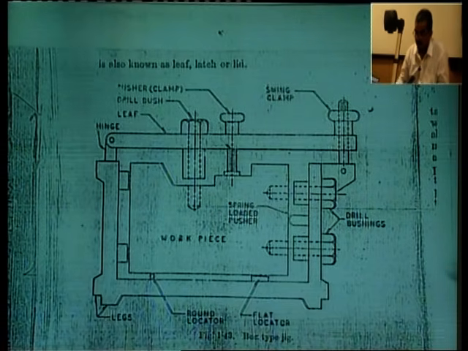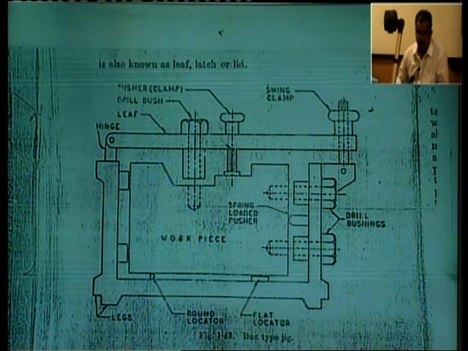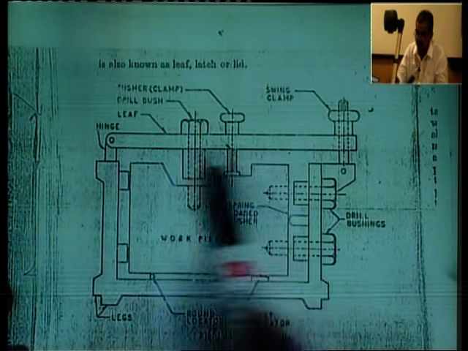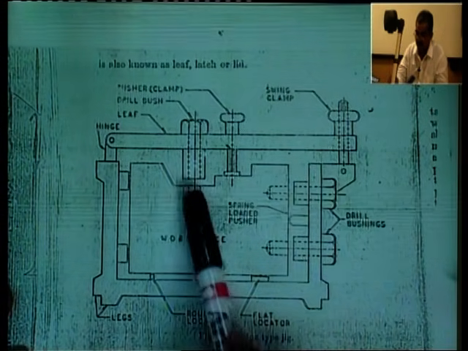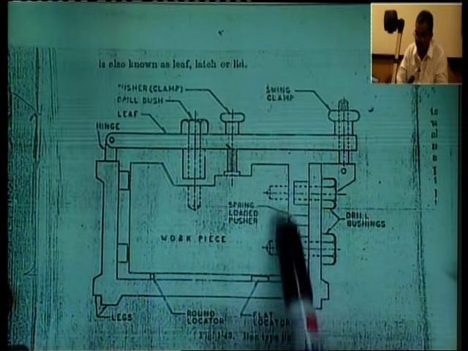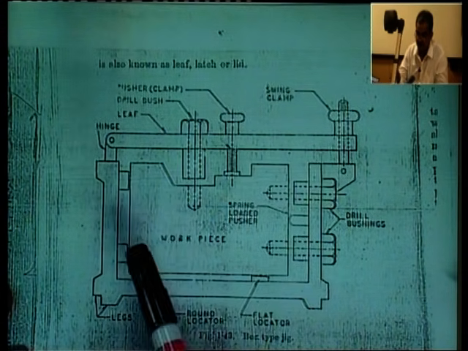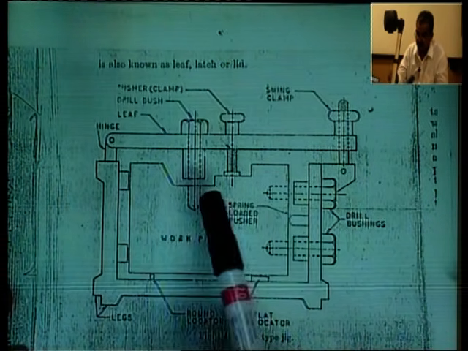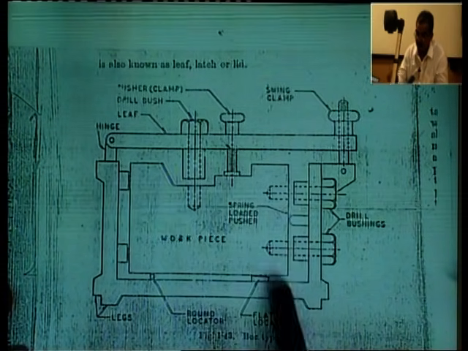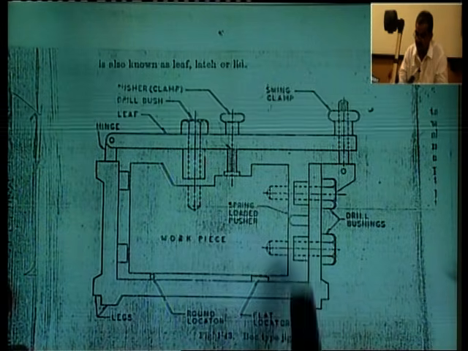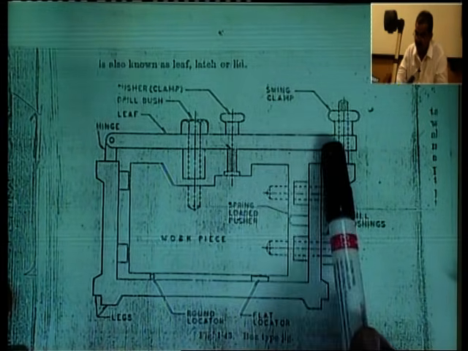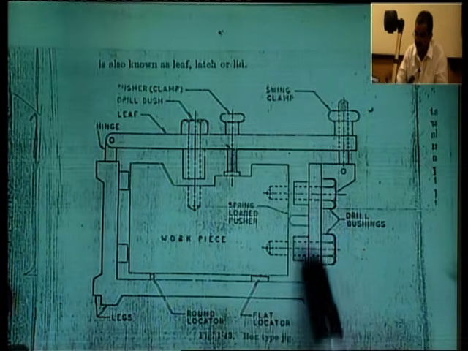Now, you can see on the monitor a box type jig. This type of jig is used when holes are to be drilled in more than one plane. That is the first plane where we require a hole, and the second plane where we require two holes. So, in this case where holes are required in more than one plane, we use this box type jig, and we have two jig plates, one is this and second is this.